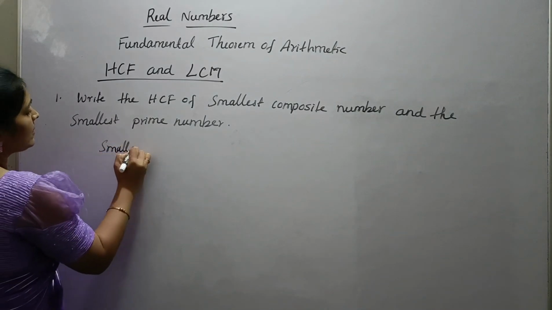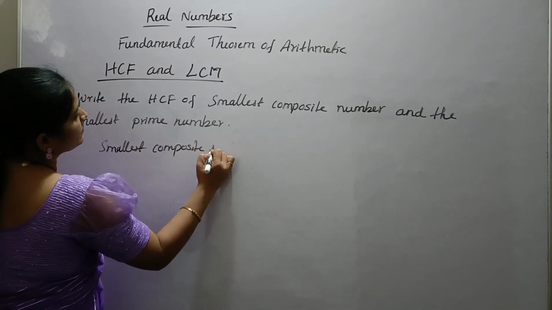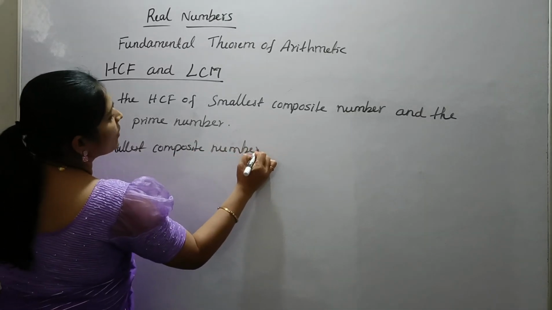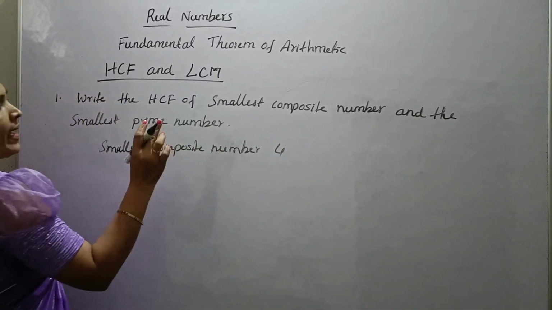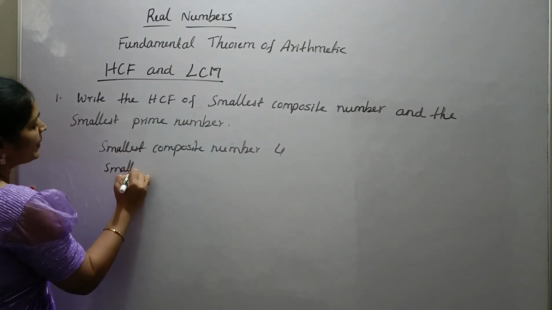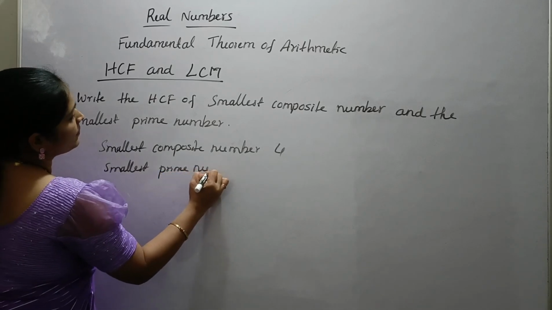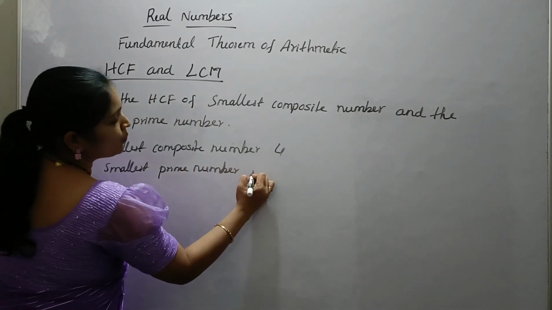The smallest composite number is 4. And the smallest prime number is 2.